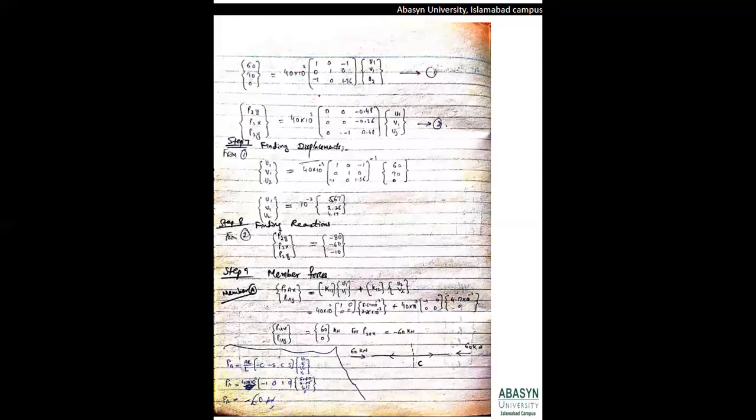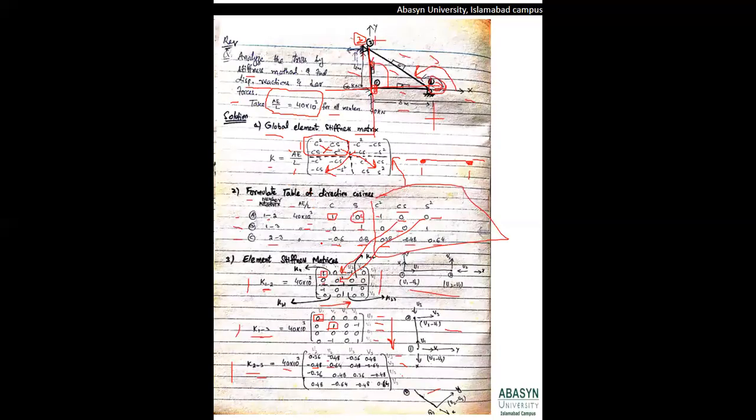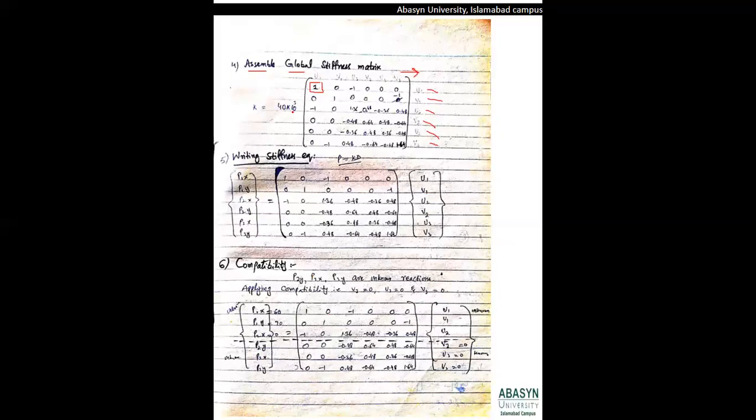Similarly, for U1, V1, this is 0 into U1, that is the first row, which is again 0. Similarly, when we move towards the other direction, its value is U1 V1, which is 0 plus 0, and it comes out to be 0.